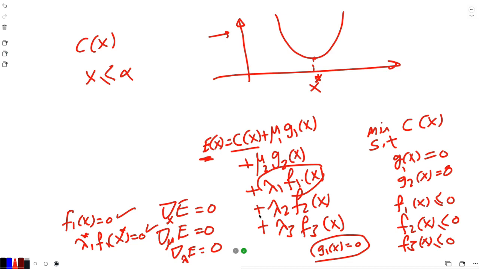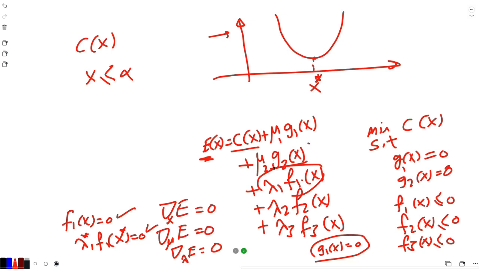Okay, maybe for the equality constraint, it is clear that the contribution is 0, because regardless of the value of mu1 and mu2, positive or negative or whatever, since j1 and j2 equal 0 at the optimum point, this makes those contributions equal to 0, so there is no problem about this.